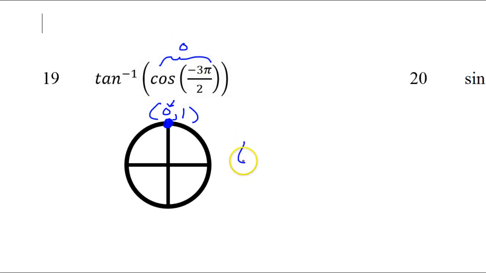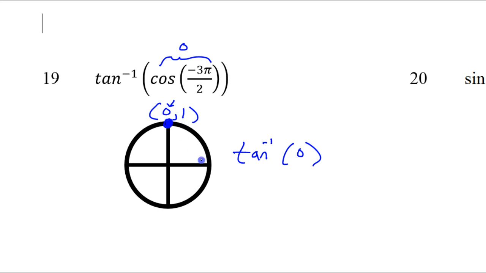So that brings me to the inverse tangent of 0. Inverse tangent is just an angle. It's the angle whose tangent is 0. So what angle has a tangent of 0? Remember, tangent is y over x on the unit circle. For example, this angle right here would not work because that would be 1 over 0.